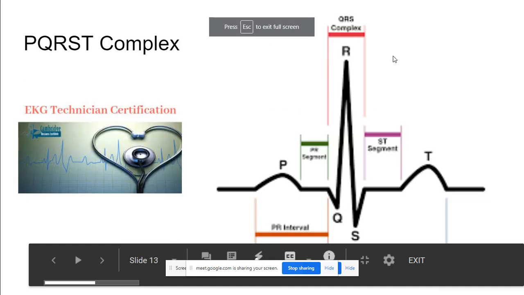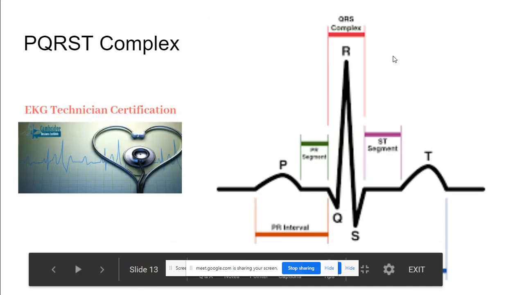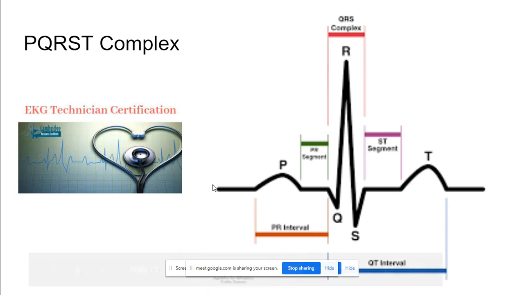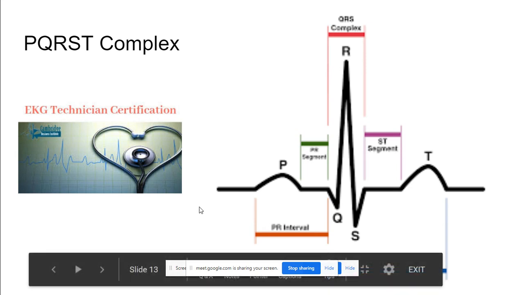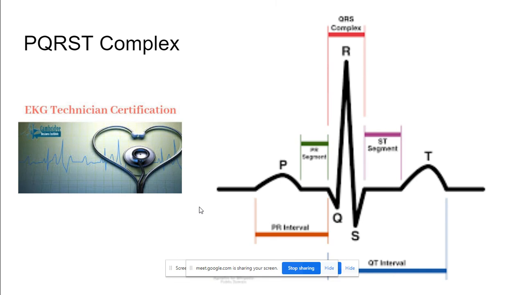All right. This is just a quick overview. You've seen this. I have a question real quick, sorry. Yep, go ahead. I was wondering, when I do the practice tests, I use my calipers because it's too small to try to count the boxes. Can we use that on the actual EKG certification test?